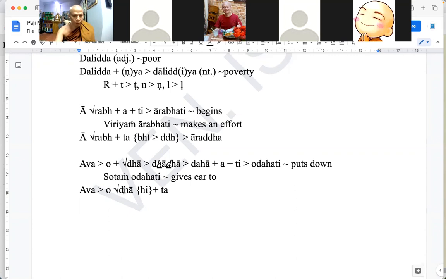That is why the past participle form is ohita. "Given ear to", so "put down", ohita, or something in this way.